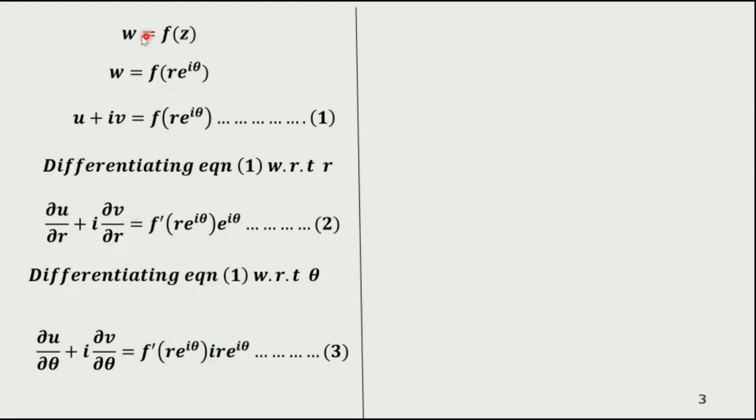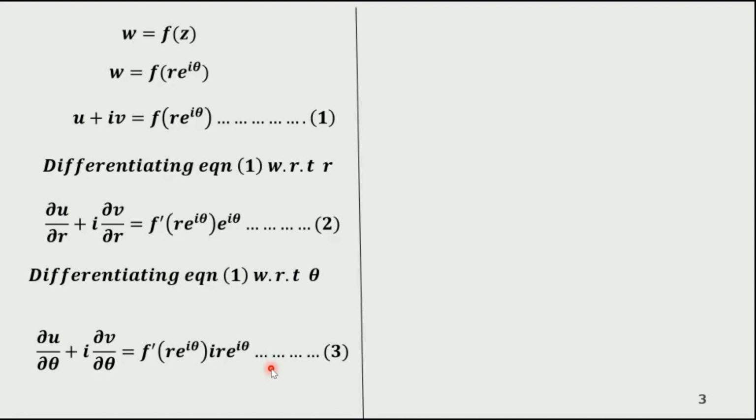So we are differentiating w equal to f of z, or u plus iv is f of r e raised to I theta, with respect to r and theta. Okay, we are differentiating equation 1 with respect to r and theta, so we get equations 2 and 3.